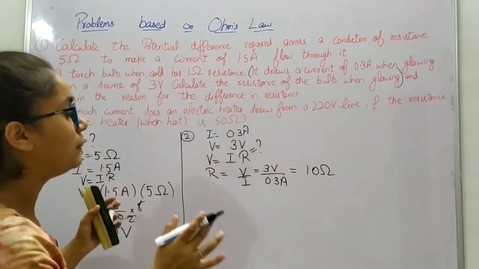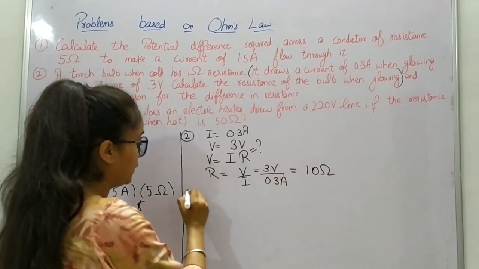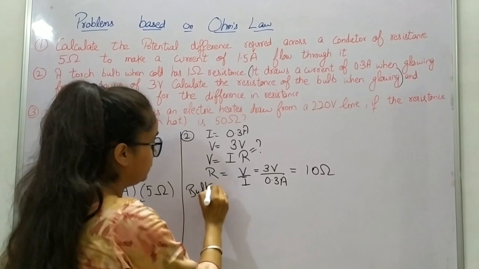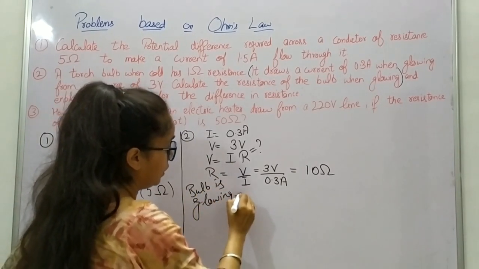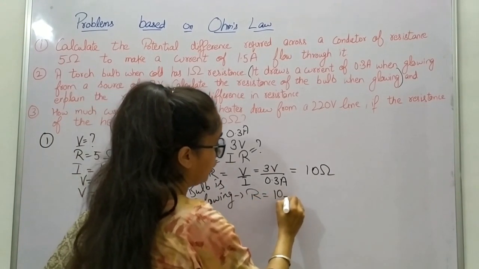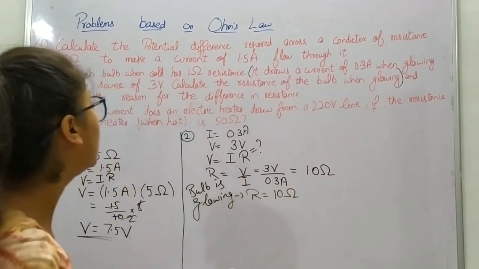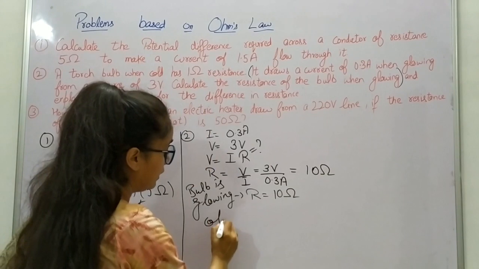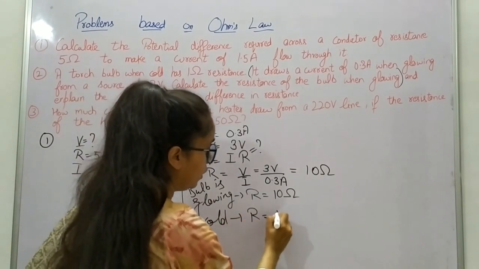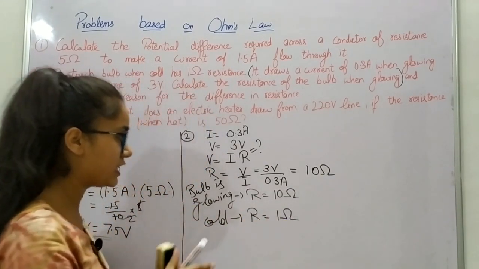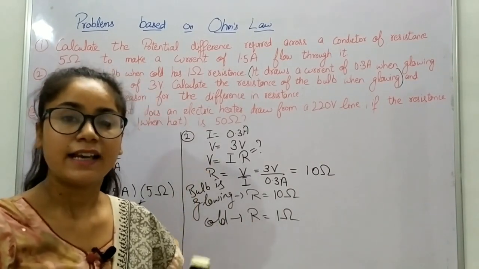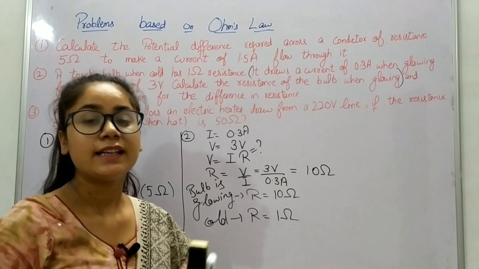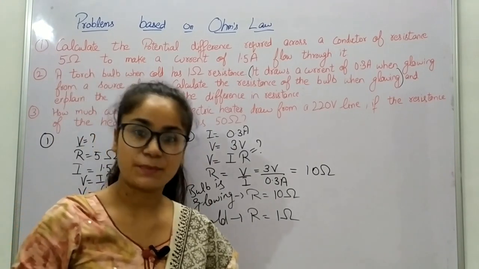That means when the bulb is glowing, we have a resistance of 10 ohm. But when the bulb was cold, we had a resistance of 1 ohm. There's a large difference between these two resistances. And why is that so? It is because of the increase in temperature.